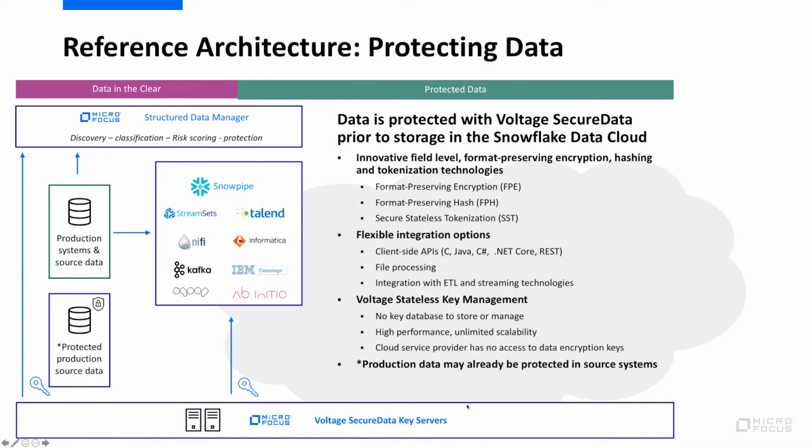All of this, of course, is using the Voltage SecureData stateless key management system. And the true benefit here is if we are talking with customers that already protect data with Voltage SecureData, that data can simply move into the Snowflake Data Cloud without any further work going on.